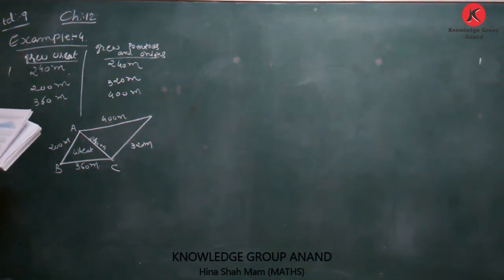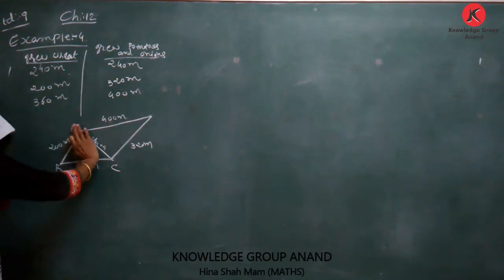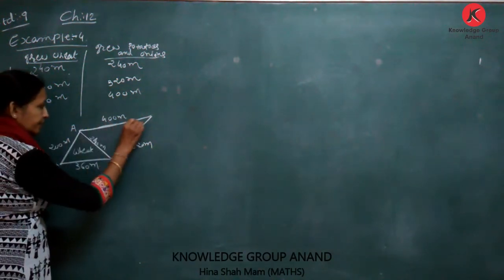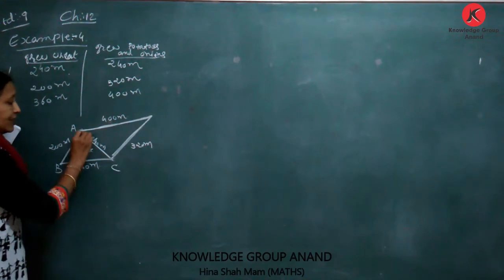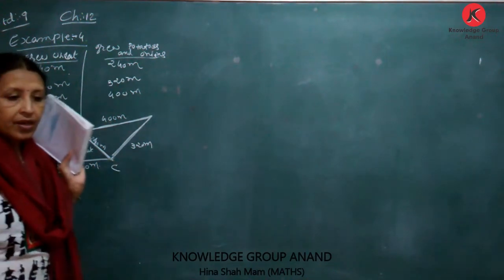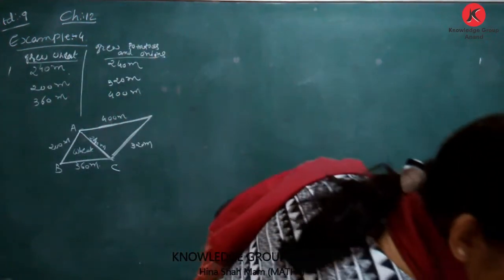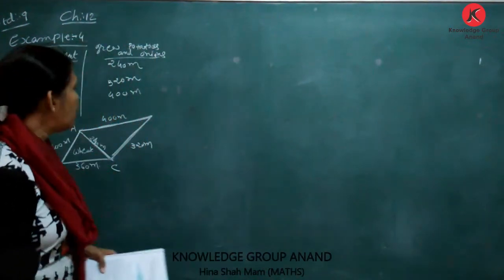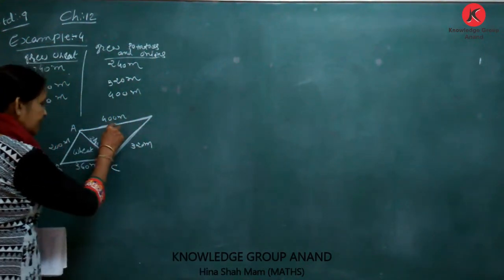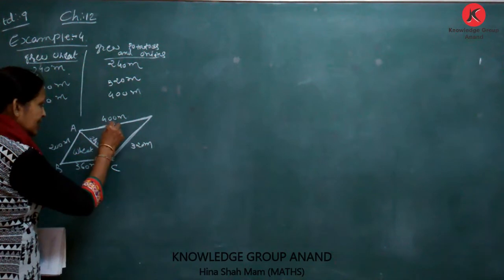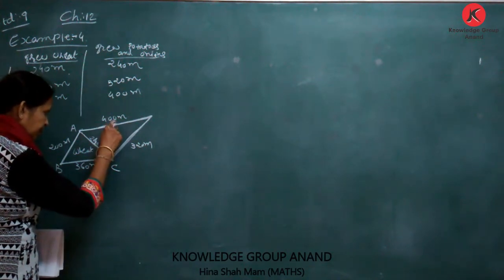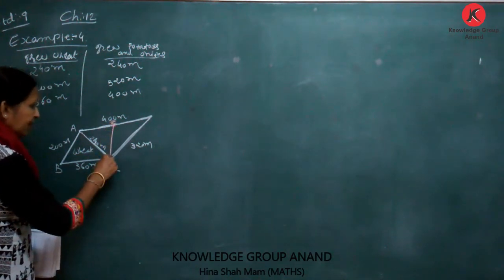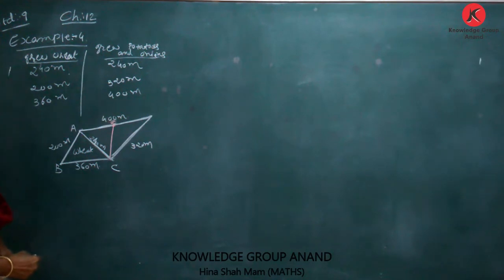She wanted to grow potatoes and onions. She divided the field in two parts by joining the midpoint of the longest side. In this field, which is the longest side? 400 meter is the longest side of this field, and the midpoint of this side divides it into two equal parts.